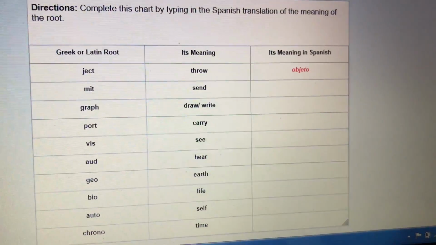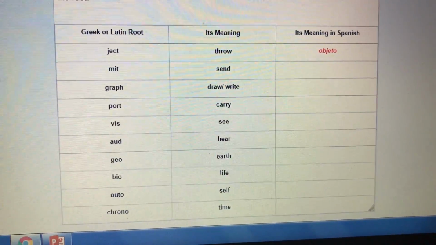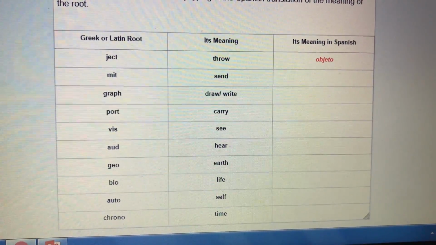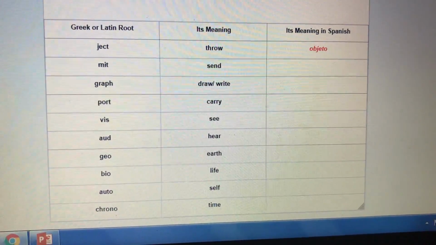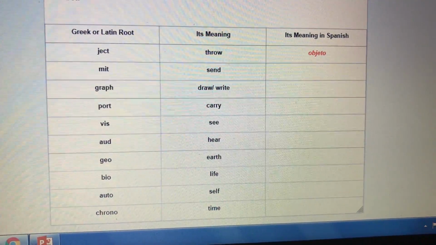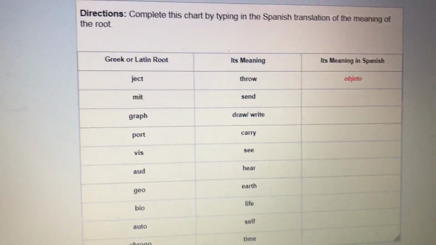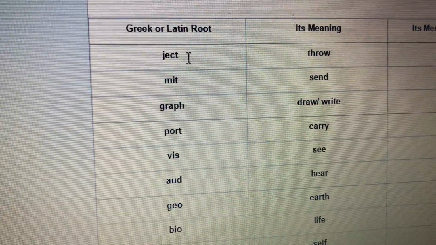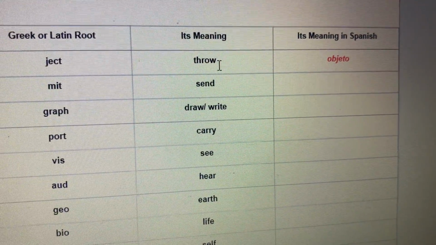The final activity I share was designed with a specific subset of students in mind. I created this for students who are English language learners. For this assignment, I have given them the root and the meaning of the root as well.